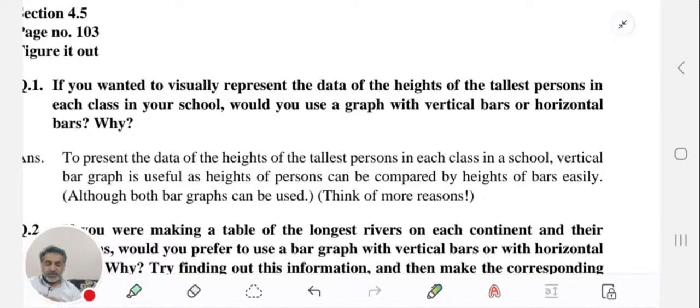Right. Then the columns: representation of data using rectangles of uniform width and equal spacing between them is called bar graph. Bars are used to count frequency. Tally marks. Data represented in the form of pictures, that is pictograph, and data collected from a newspaper is called secondary data.